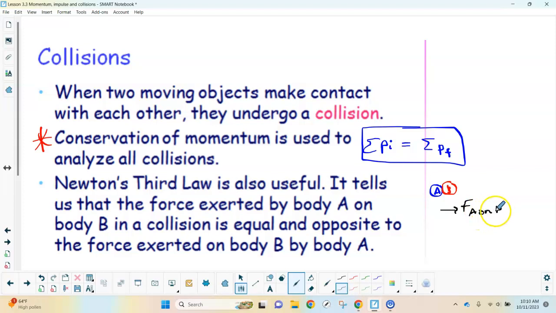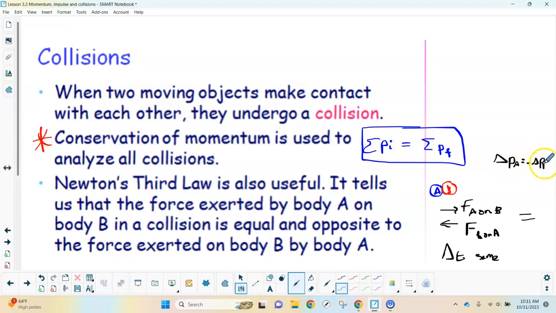The reaction to that would be the same equal and opposite force of B on A. Those have to be equal. Because they're equal forces and the time is the same, there is an equal change in momentum. So the change in momentum of A is equal to the negative change in momentum of B.